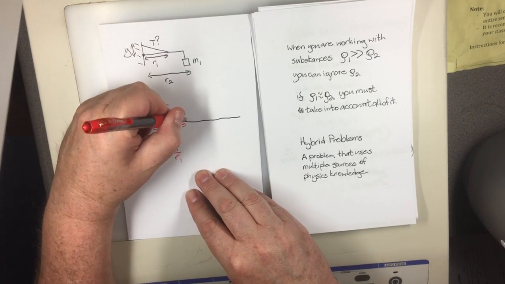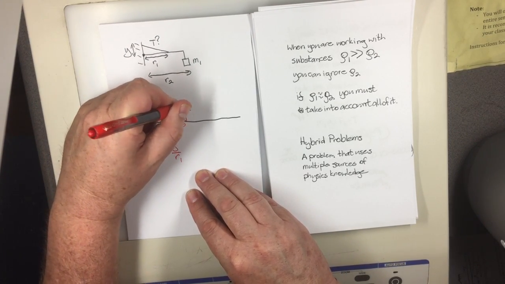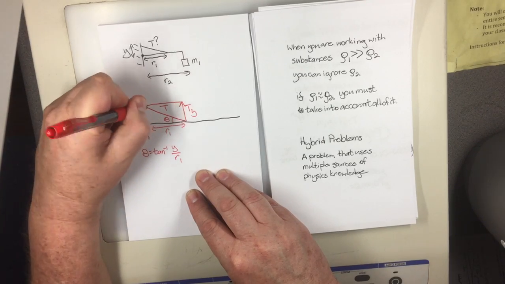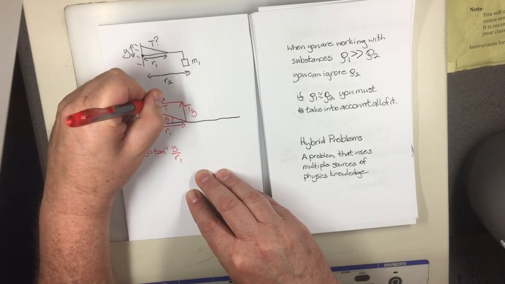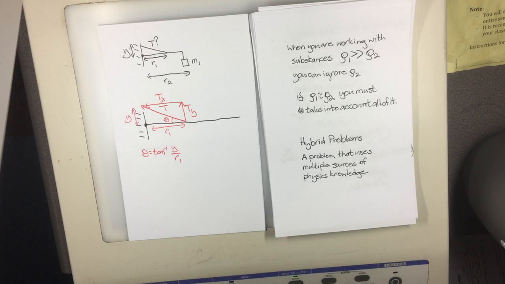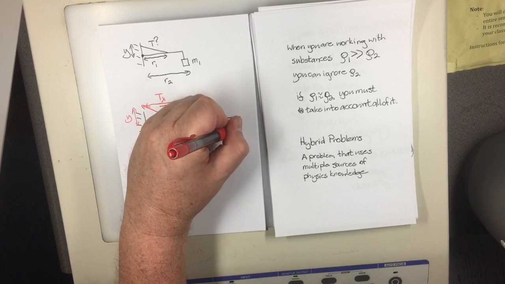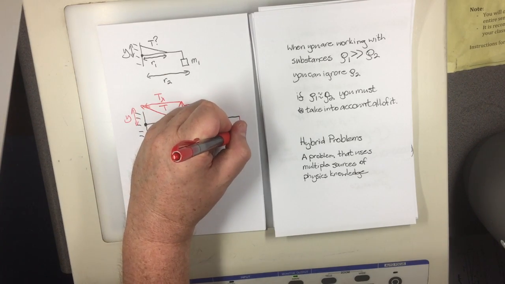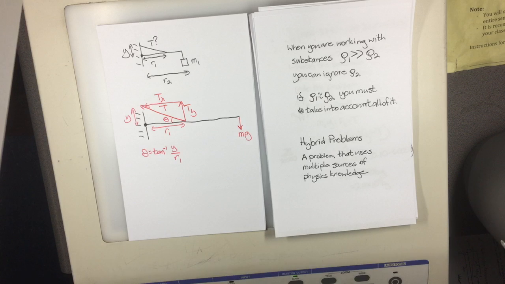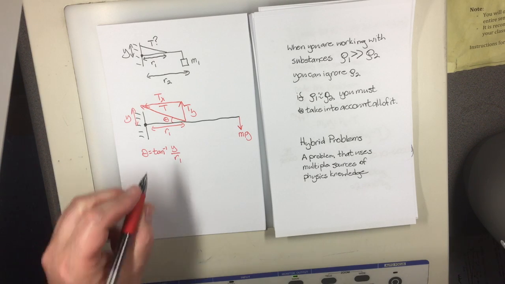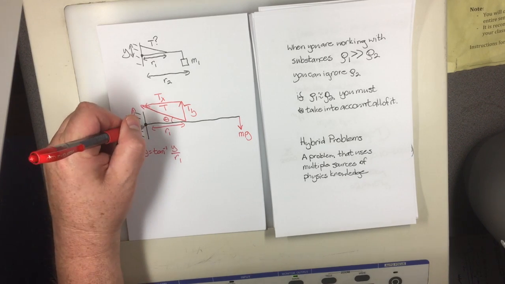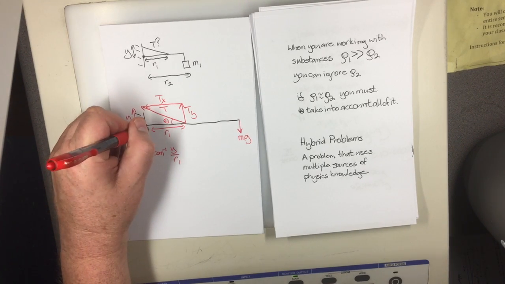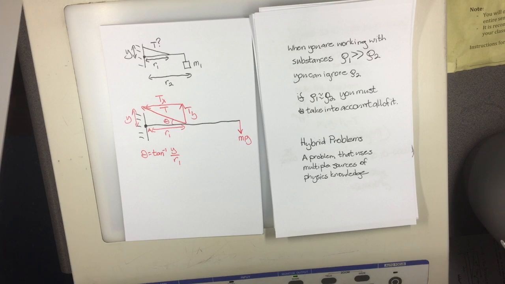This tension has a tension in the y and a tension in the x. Here, there is an M1G pulling down that particular force. What we're going to do is make our rotation point the hinge at the wall and the bar.